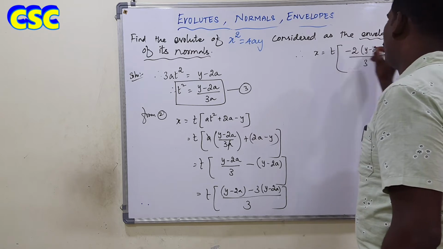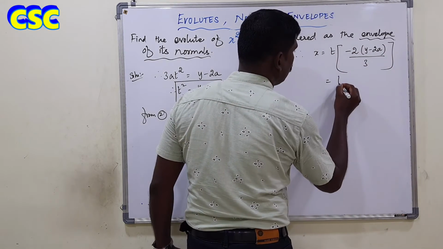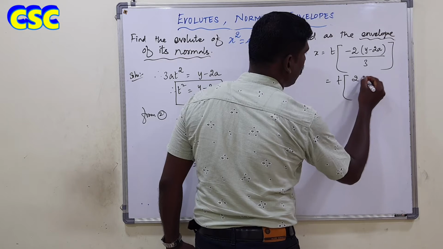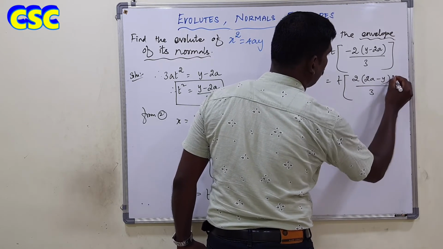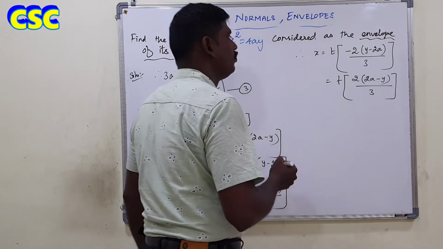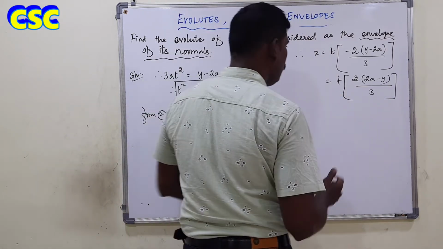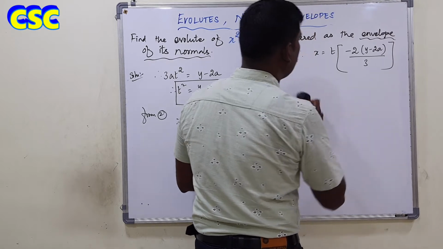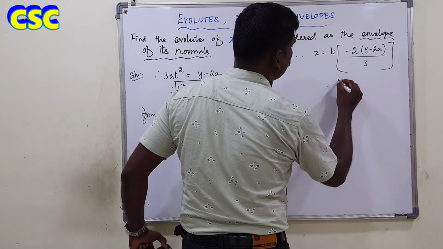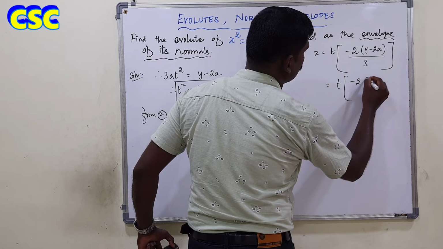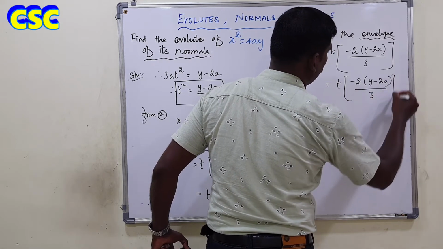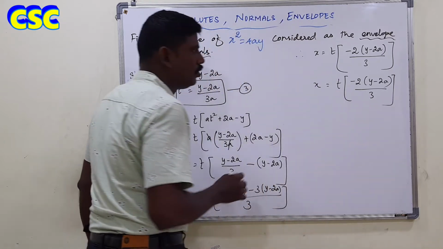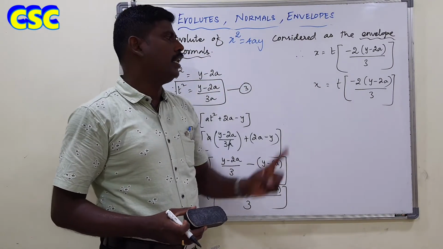There is no need to multiply that minus inside the bracket. So t into minus 2 into y minus 2a by 3. Okay, right? So the parameter is not yet eliminated.